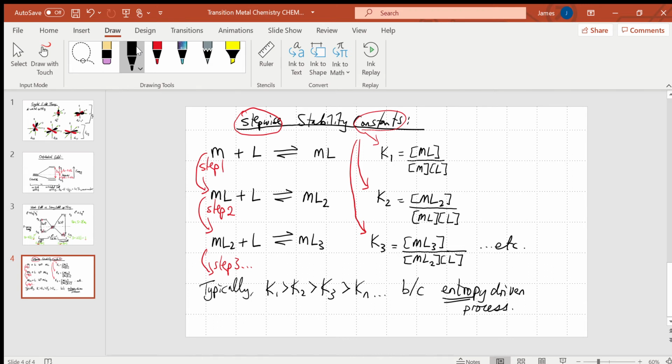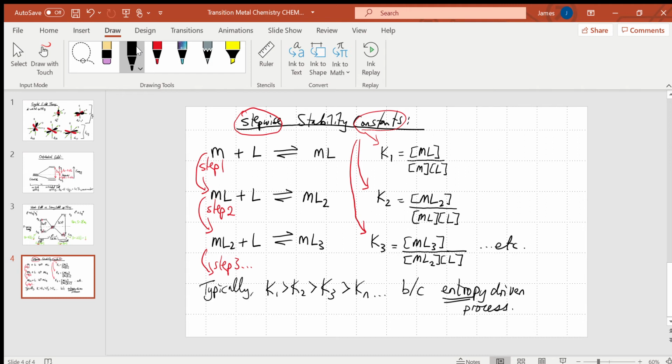So let's try and link it with entropy real quick. If we look at the first step, or prior to the first step, let's say we had 10 molecules of M. Then initially, for step 1, 100% of our M would be ready to undergo step 1, to actually form the ML compound. 100% of the metal would be available.